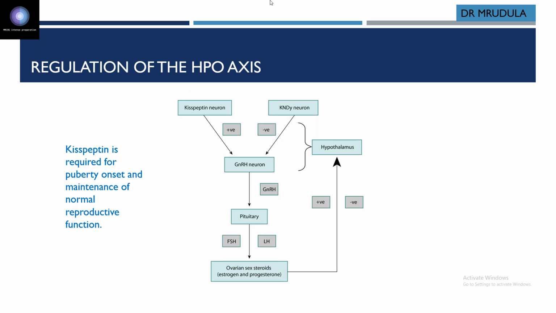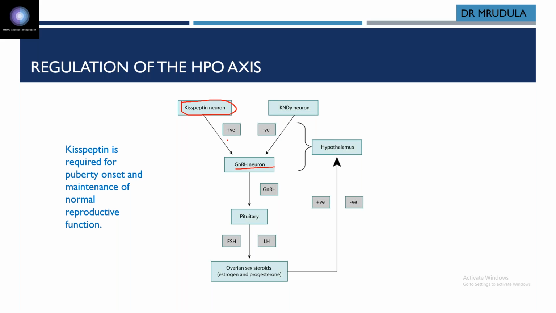Now, how is the hypothalamus regulated, that is the HPO axis. GnRH secretion is done by the GnRH neurons, and here the positive and negative feedbacks are there. Positive feedback is by the kisspeptin neurons. Kisspeptin is the hormone required for puberty onset and maintenance of normal reproductive function. This is a new thing that they are trying for subfertility, that is WHO type 1 anovulation. Other neurons cause negative inhibitory influences on the GnRH neuron.